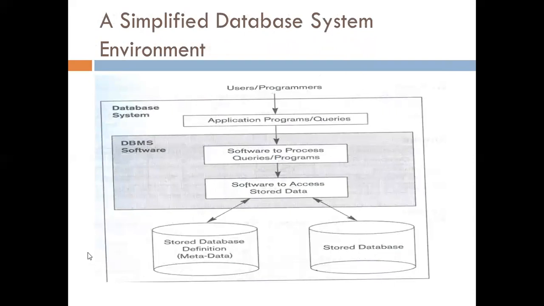So this is a simplified DBMS system. If you observe this particular diagram, any real world application is incomplete without the presence of a database, which means 100% of the real world applications which we build will have a database in one form or another. Here you can observe that user programs will interact with the DBMS system.